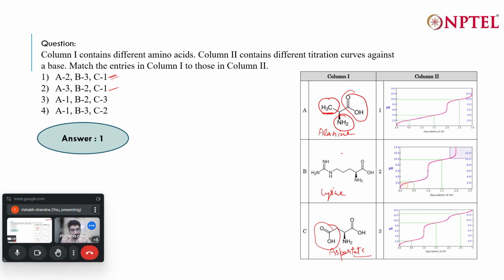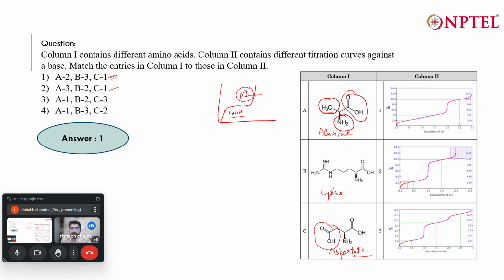So if we titrate alanine, what will happen at this point? It will go up, then it will have a stable buffering action at the lowest pH. This is for the COOH group. Now it will again shoot up, and here is the point where the pI comes.